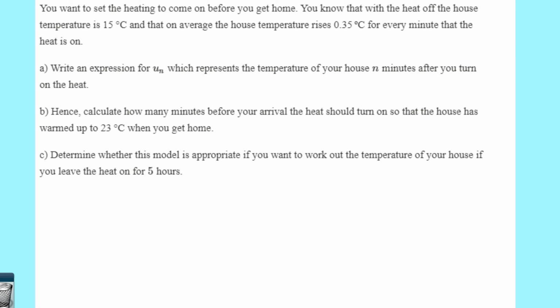So, write an expression for u of n, which represents the temperature of your house n minutes after you turn on the heat. Okay, so we know it starts at 15 degrees, and the house rises 0.35 for every minute. How many minutes before your arrival should the heat turn on so the house warms up to 23 degrees? So we want it to equal 23 degrees.